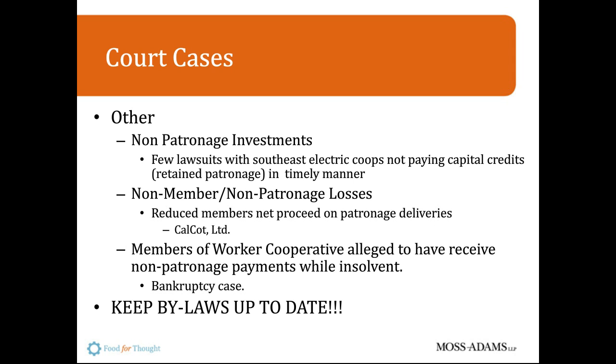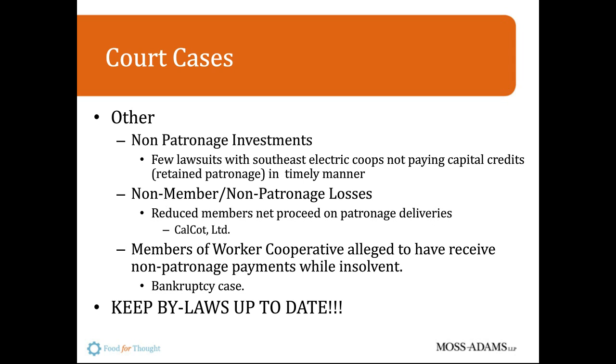In this particular case, the co-op had some non-member business that resulted in a substantial loss. That loss was allocated to the members in terms of a reduction in their patronage, or their net proceeds from the sale of the cotton. And as a result, several members have sued Calcot to recover those reductions in their payments as a result of those non-patronage losses.